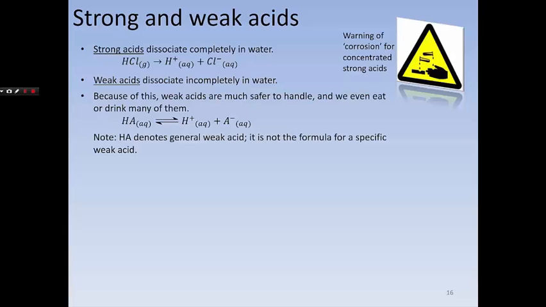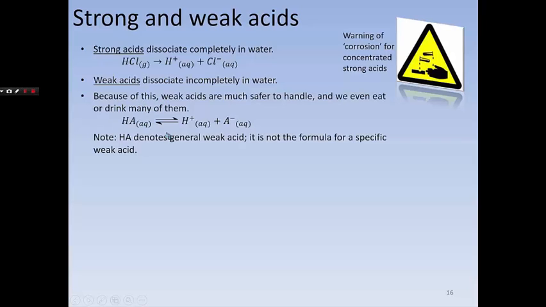There is another type of acid. They also donate hydrogen ion when they dissolve in water. However, their dissociation does not proceed as completely as strong acid. Here the HA is not the formula of any particular weak acid.